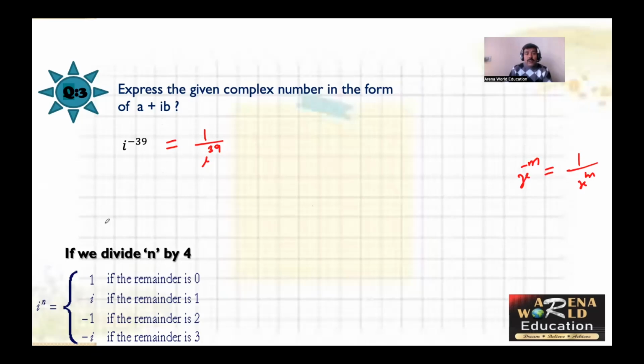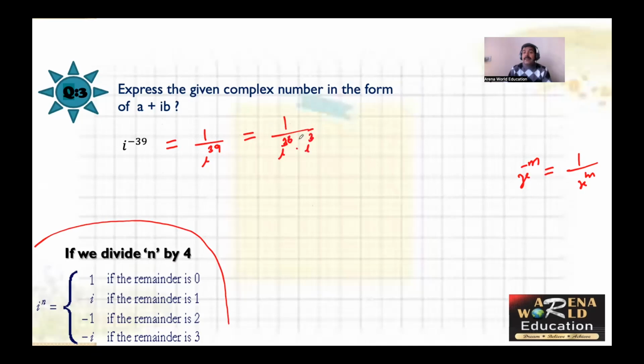Right? Now we will break iota raised to power 39 into iota raised to power 36 into iota raised to power 3.